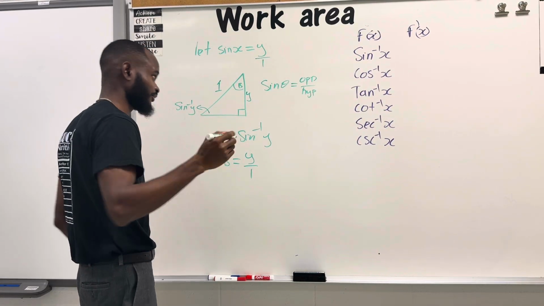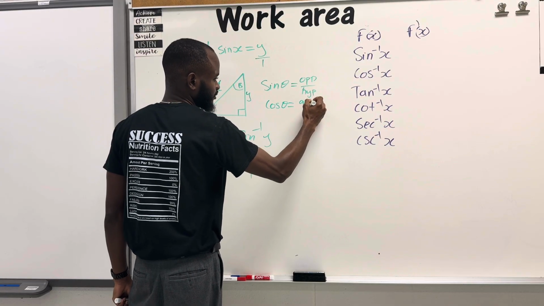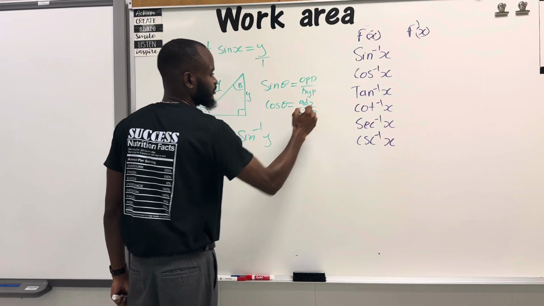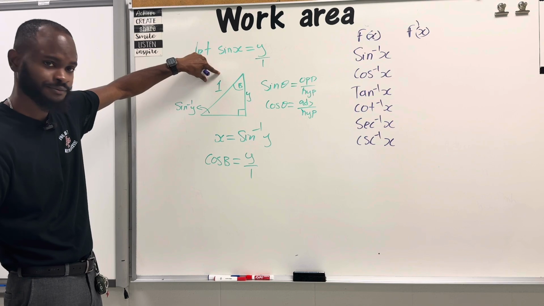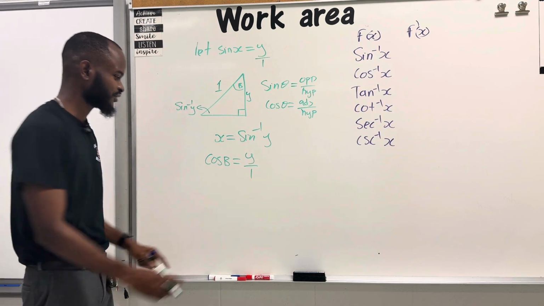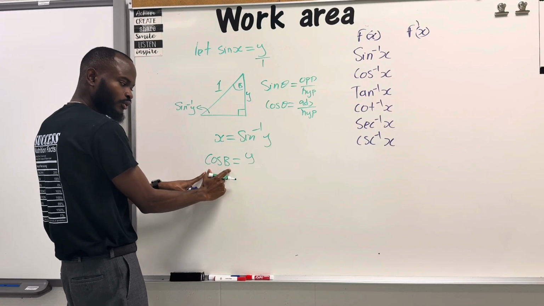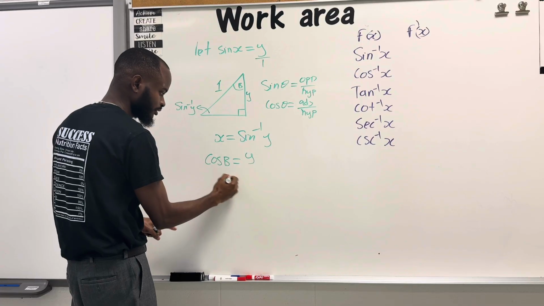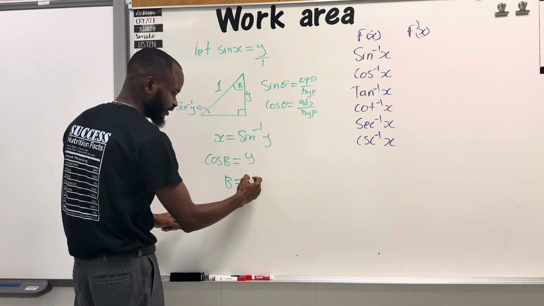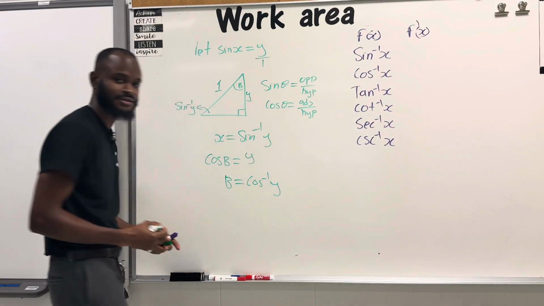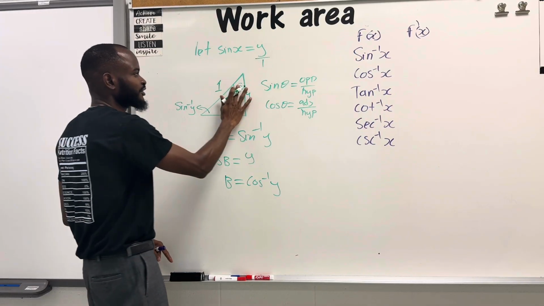Because if you recall from high school, the cosine of alpha is equal to the adjacent over the hypotenuse. And that's what we just did right here. Cosine of B is equal to the adjacent over the hypotenuse, and that's just y over 1, which is just equal to y. And then we can get to the angle B by taking the cos inverse of both sides. So this is equal to cos inverse of whatever y is, and that gets you to the angle B. So I'm going to replace angle B with cosine inverse of y.